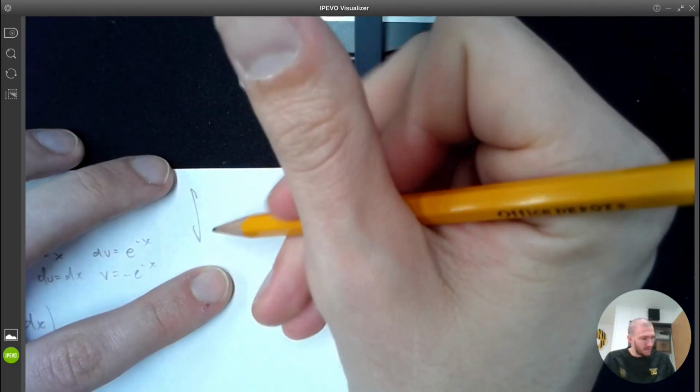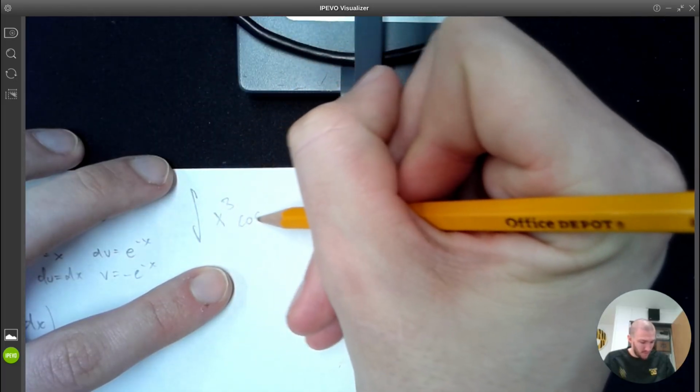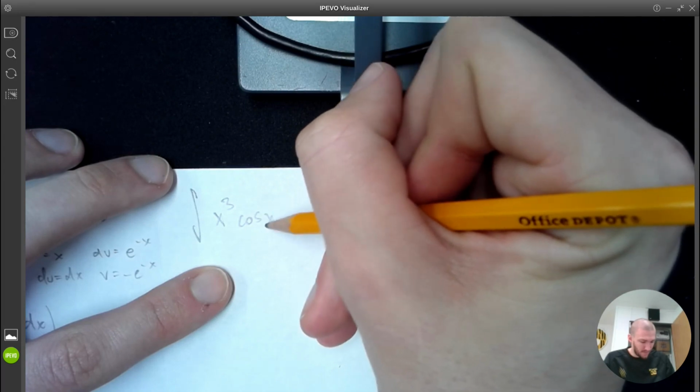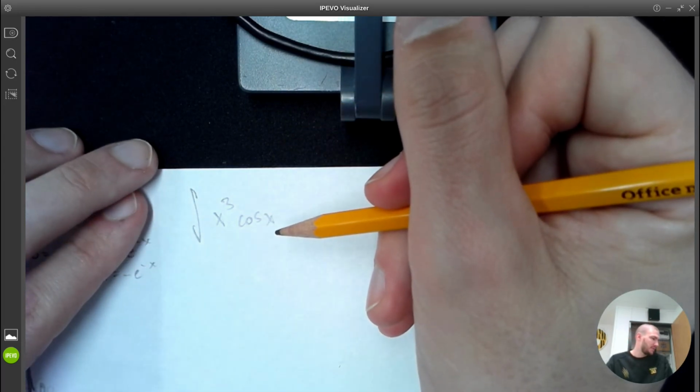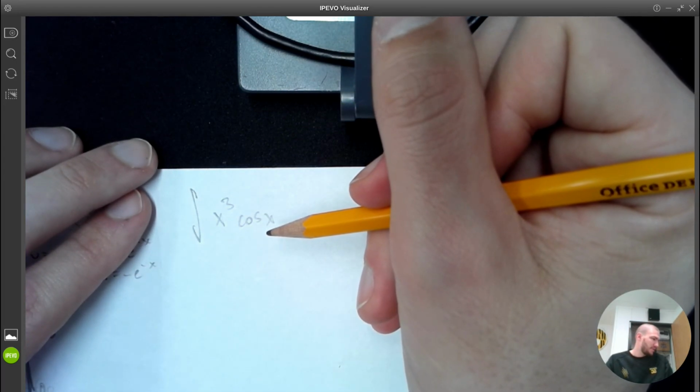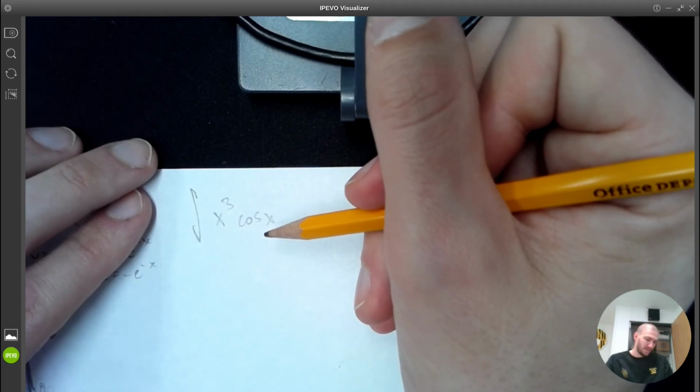The integral of x cubed cosine of x. Oh no. Dang.